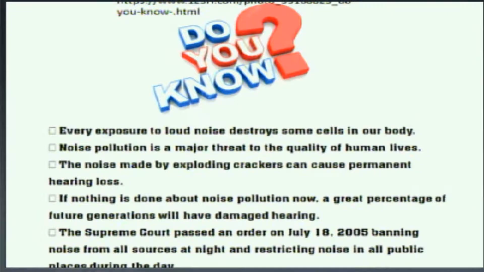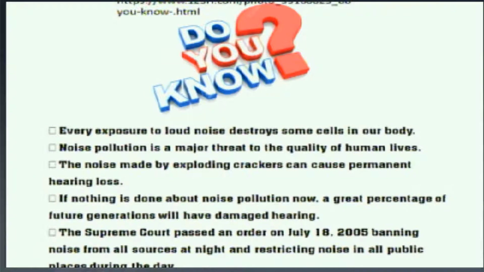Oh my God, it's very dangerous. Noise pollution is a major threat to the quality of human lives. Yes, it is. The noise made by exploding crackers can cause permanent hearing loss.